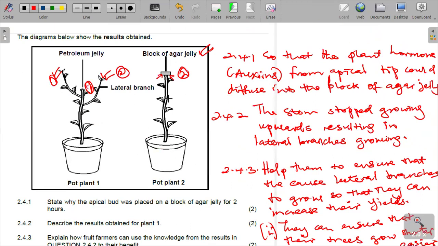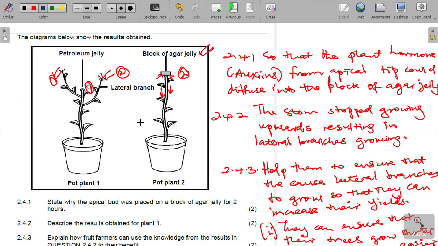So when this happens, they will eventually move downwards into the stem in this plant, causing what? Cell elongation taking place in this plant.